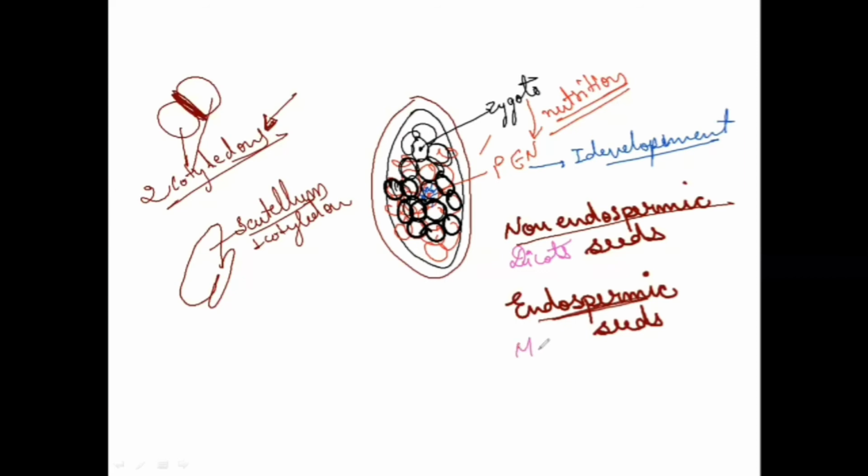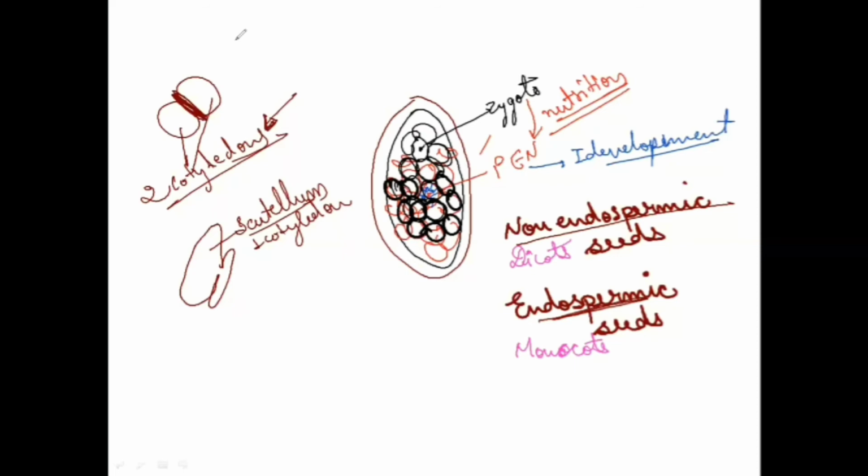So endospermic seeds are found in monocots. Very easy to remember, right? Now, further about the complete embryo of the monocots and dicots we'll discuss soon. But let's finish with this part regarding the zygote to embryo formation and the use of endosperm.